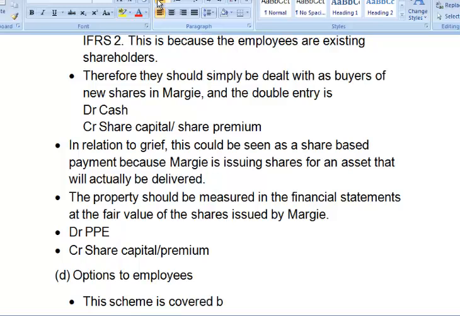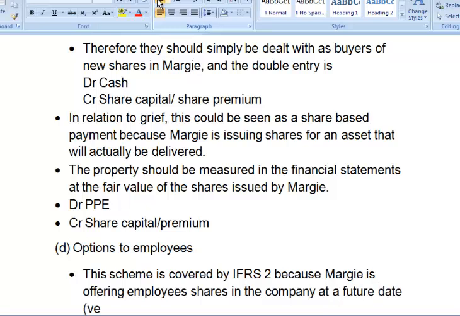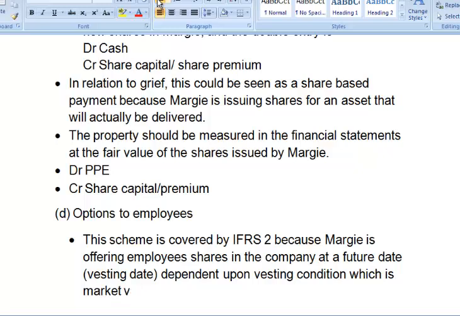This scheme is covered by IFRS 2 because Margie is offering employees shares in the company at a future date, which is the vesting date, dependent upon a vesting condition which is market based.